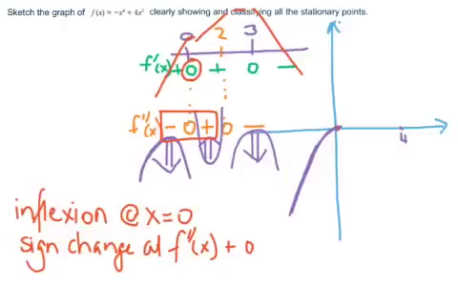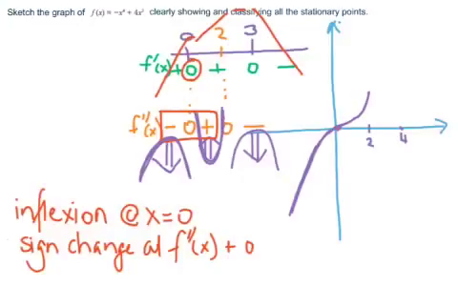The next part is going to be concave up until I get to x is equal to 2. So if I make 2 here, my shape of my curve is going to change until I get to x is equal to 2. So there, I've just drawn my concave up part.